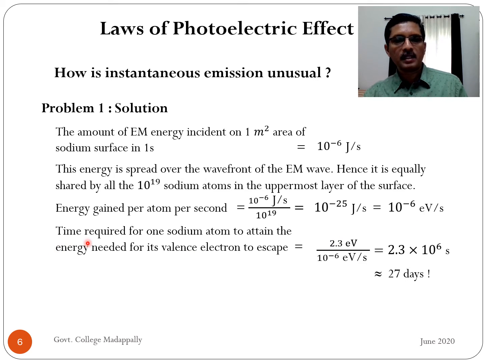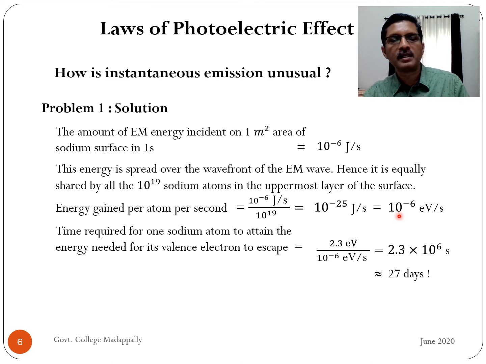Then the time required for one sodium atom to attain the energy needed for its valence electron to escape. We know that in a sodium metal surface, the minimum energy required by an electron to escape the surface is 2.3 electron volt, the work function of sodium. So how much time will it take? In 1 second, an atom receives 10 raised to minus 6 electron volt.